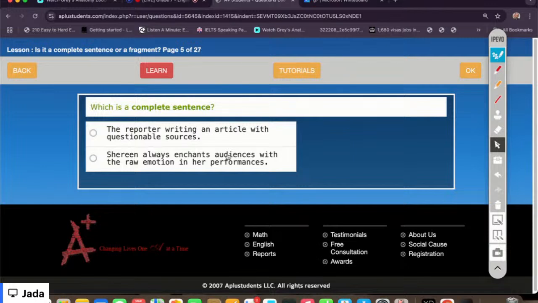So, which is the complete sentence? The reporter writing an article with questionable sources. Shirin always enchants audience with the raw emotions in her performance. So, what is the complete sentence here?